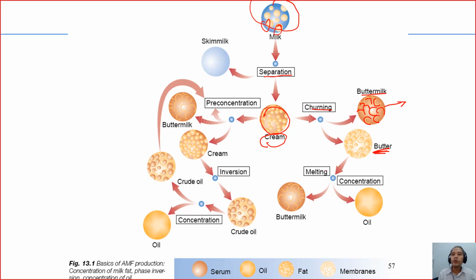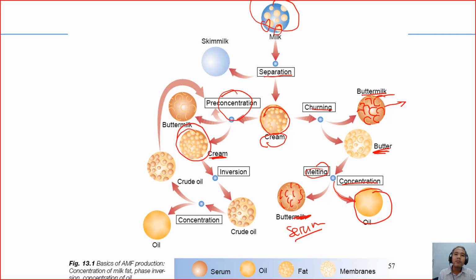From butter, we do melting and concentration, then we can separate. Now we have the oil, butter oil, and this is butter serum. Similar to buttermilk, but now it has even more broken pieces of MFGM, so even higher polar lipid. On the left side, now we do further concentration, then we have the cream of higher fat, now even more fat globules.